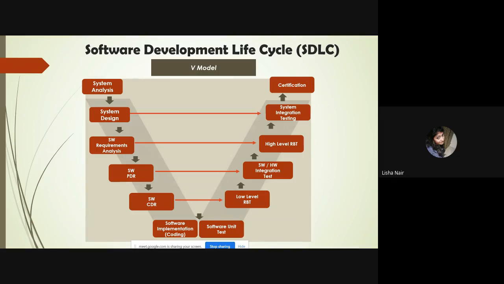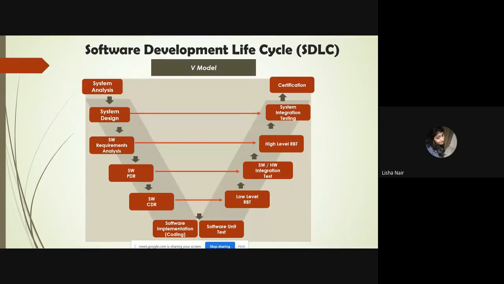That's where we go to the software, hardware. Once he does the low level RBT, which is the requirement based test, he gives it to the software hardware integration tester. After the complete set of subsystems are combined into one system, this integration test happens, and then we have the high level RBT and the final system test bench.